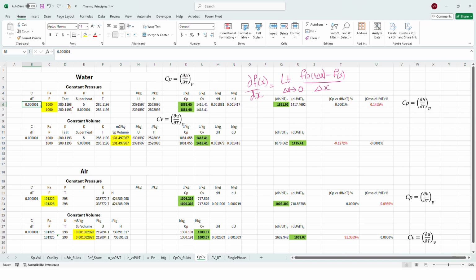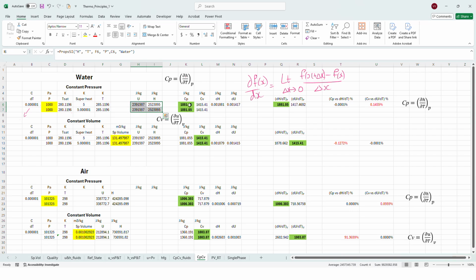In the same way here, instead of delta x, we have delta T, right? So we are making a very small delta T as possible with CoolProp, and we are finding the difference in internal energy and enthalpy and differentiating them.